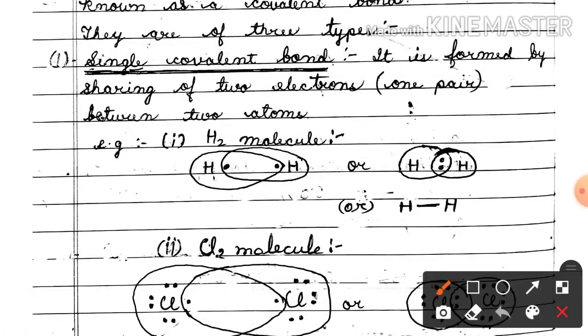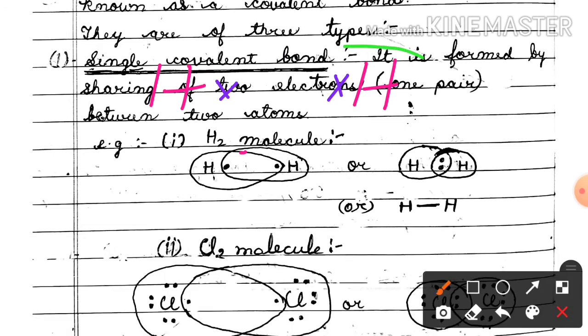The first one is single covalent bond. Single covalent bond is formed by the sharing of 2 electrons only. See, this is one hydrogen, this is another hydrogen, and these hydrogens have one electron in the outermost shell. Both the hydrogens need the configuration of 2 electrons in the outermost shell.